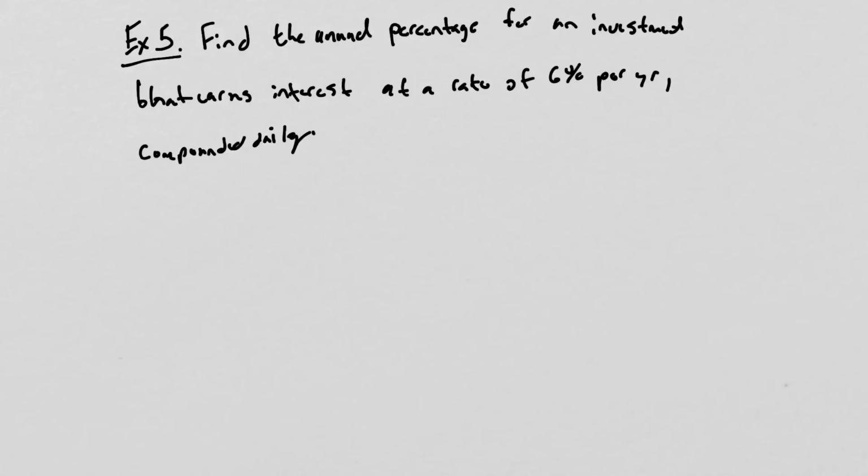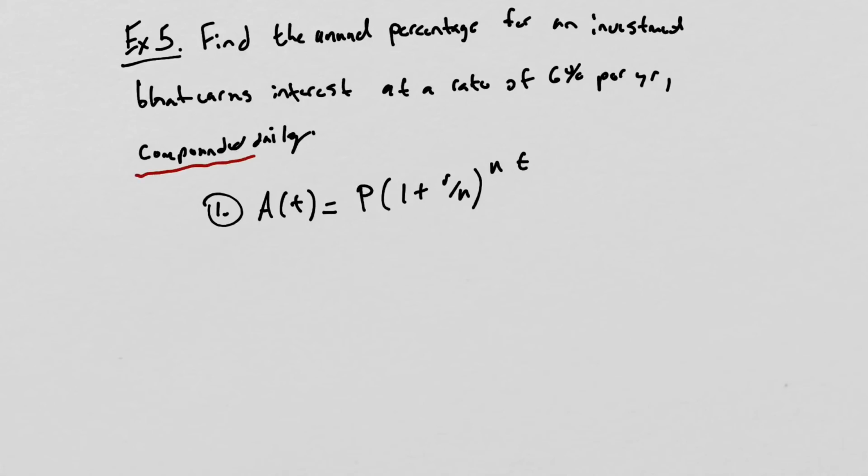So the first thing that we should note is, let's look at the first equation. We have A of t is going to be equal to our principal times 1 plus r divided by n, raised to the n times t. And let's decipher what they give us here. Our interest is going to be compounded daily, which means that n is going to be 365.